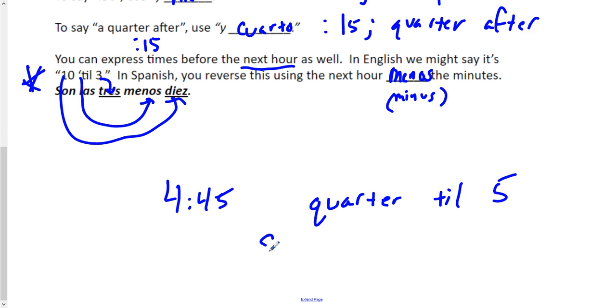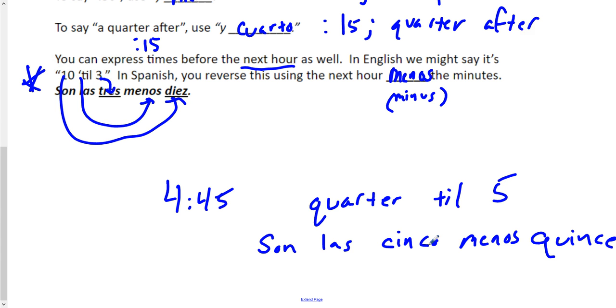I could do son las 5, for 5, menos, and we know quarter of an hour is equal to 15 minutes, so I could say menos 15. 5 o'clock minus 15 minutes. I could also do son las 5 menos, and instead of saying 15, I could say quarter of an hour, which is cuarto.